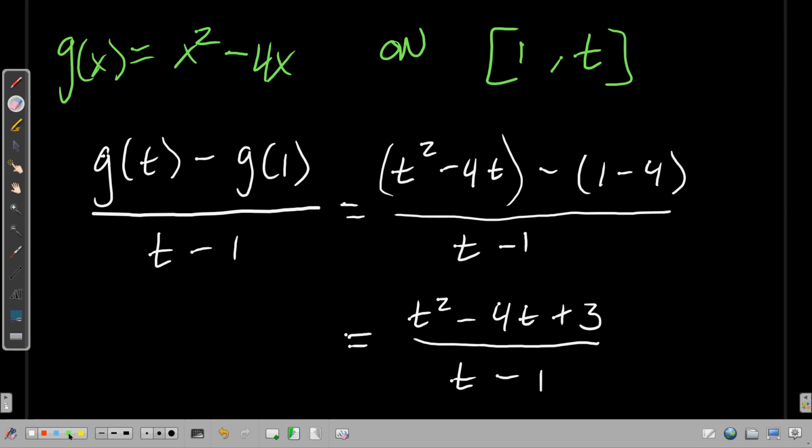So an alternative to factoring would be to use a process called synthetic division.